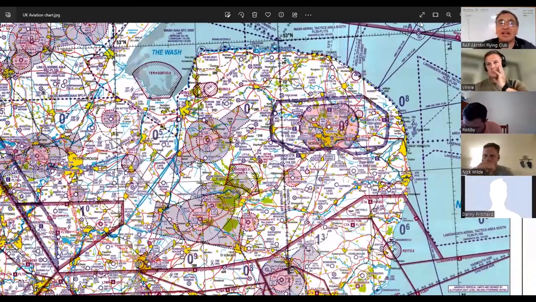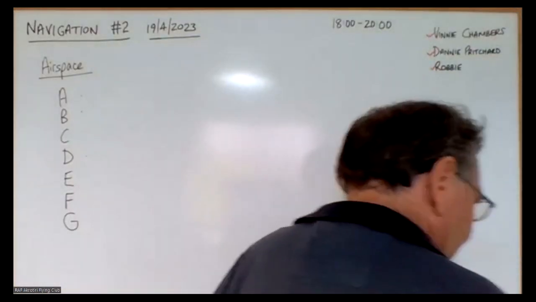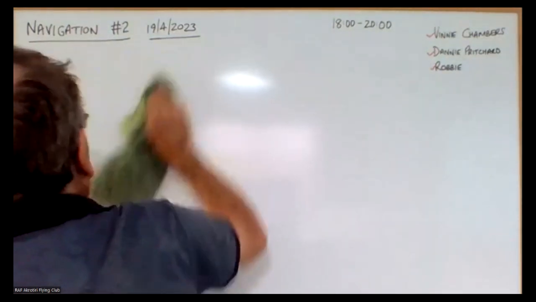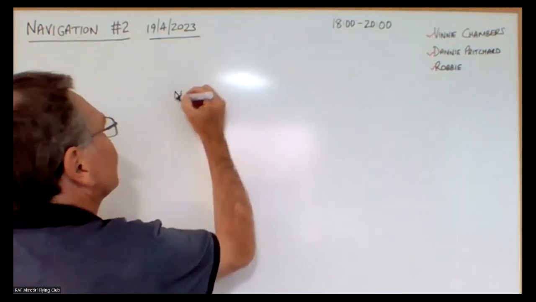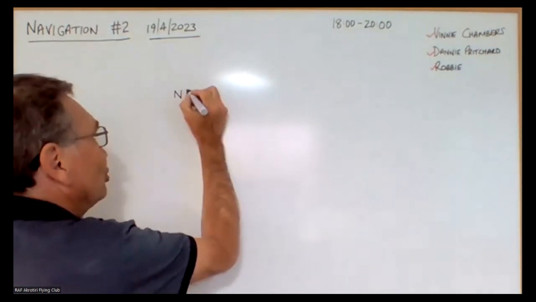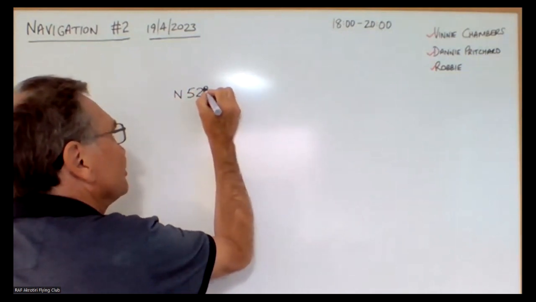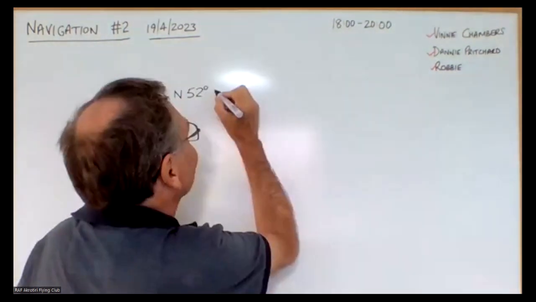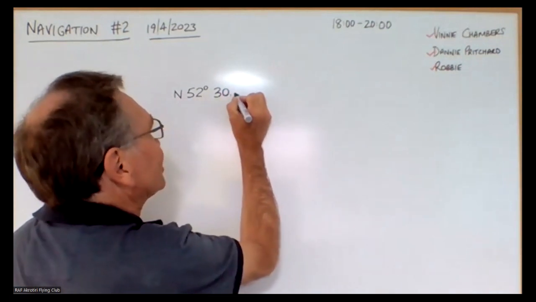So let's write that on the board. So I would write north, because we know it's north, 52 degrees. Now it's halfway, so that means it's 30 minutes.